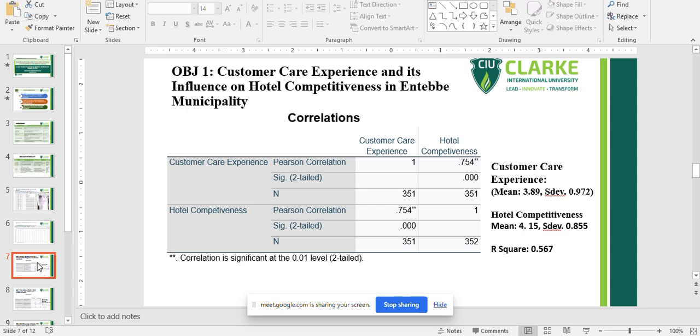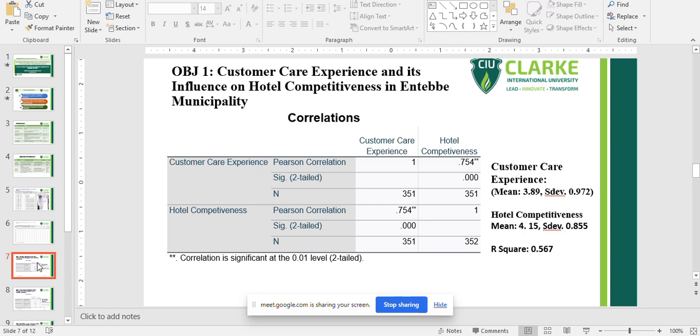So that counted to the R value of 0.754. This correlation also gives us the level of significance, which is 0.00. When this is compared to the threshold alpha value of 0.05, this is very significant.